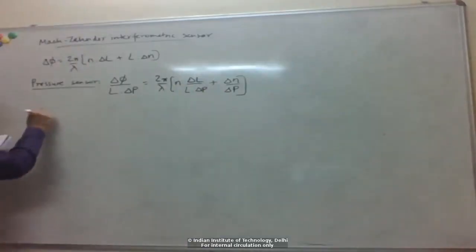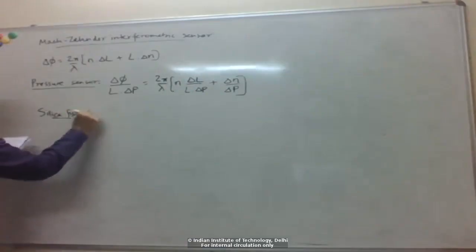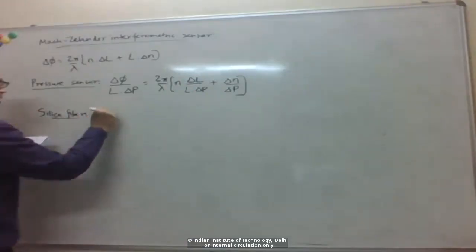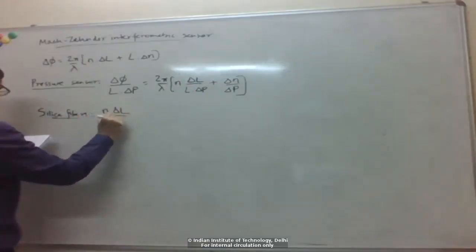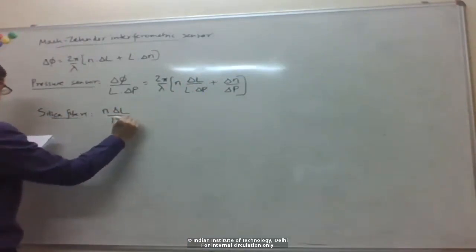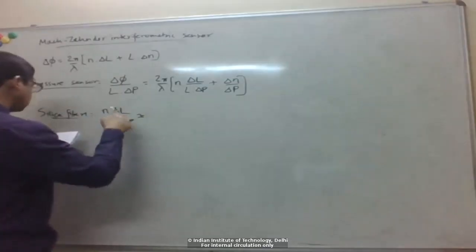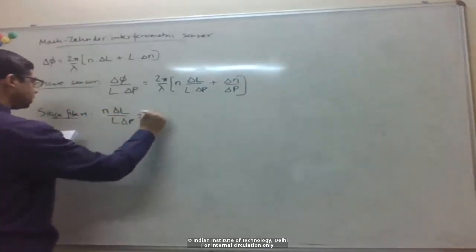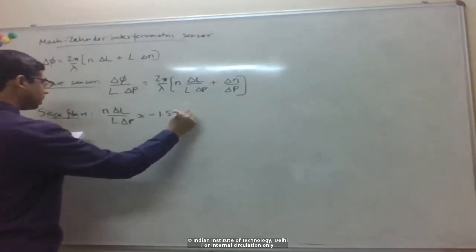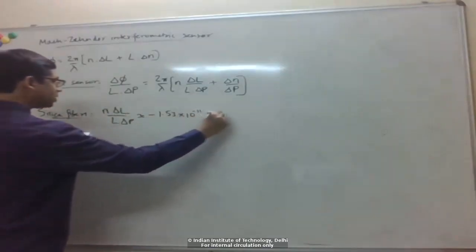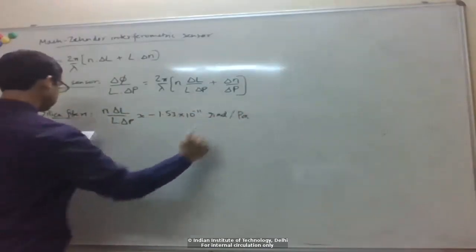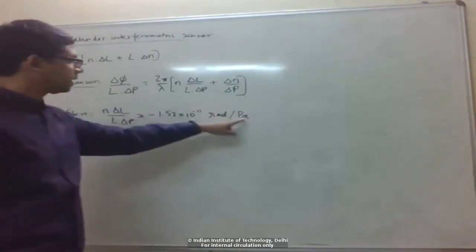So if we take the usual silica fibers, then this quantity, which gives me the change in length, is about 10 to the minus 11 radian per Pascal. Right, so the units of pressure are Pascal, as you know.